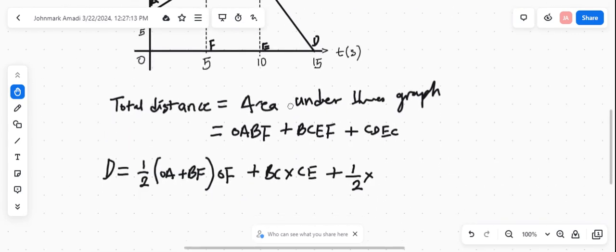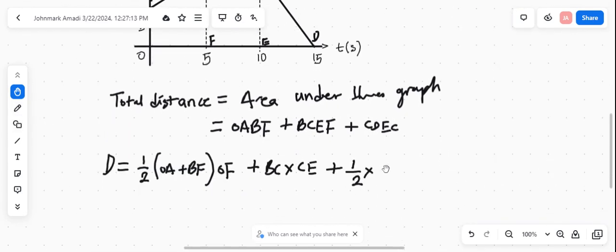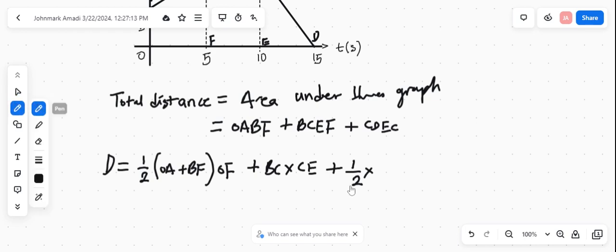DE. A half of CE times DE. Okay, so this is the formula for the area of a triangle, the first one for the area of a trapezium, and the area of a rectangle or square.